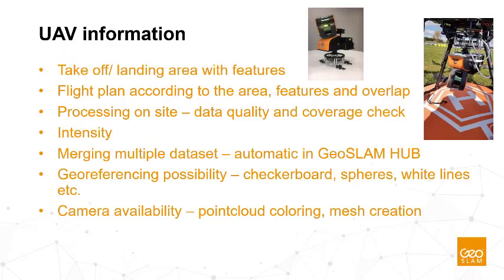So just something to think about when you do a UAV survey. Again, from the principle of the SLAM technology, you would need an area with features. So it would not bring you very good results when you have just a pure surface with a field, a planar surface with no features.